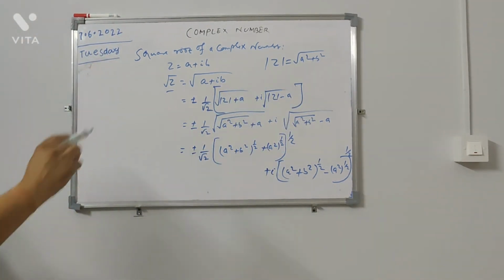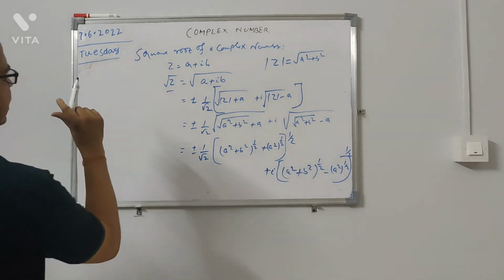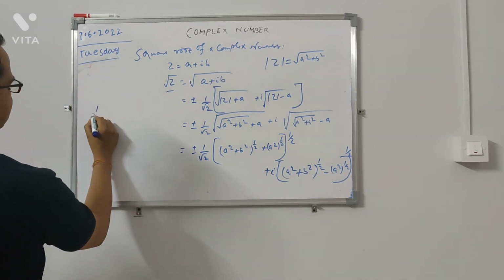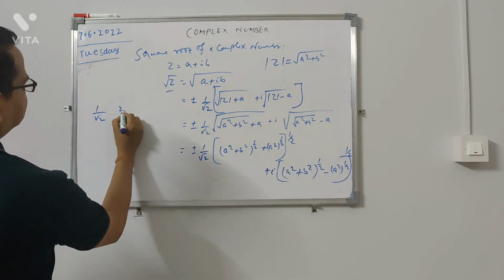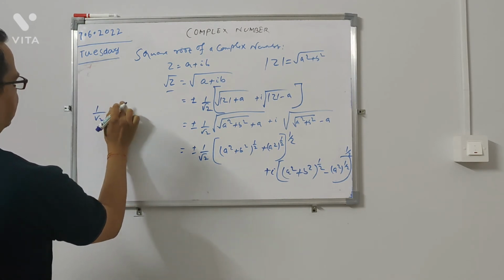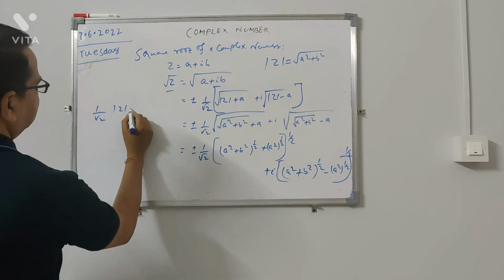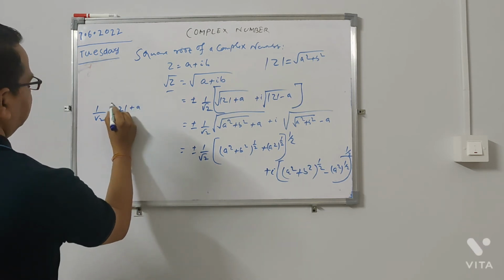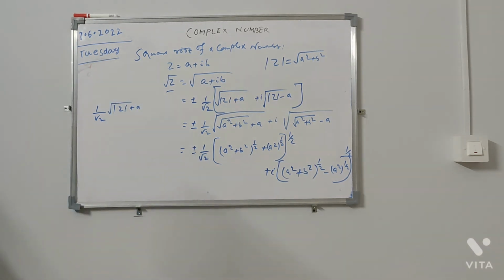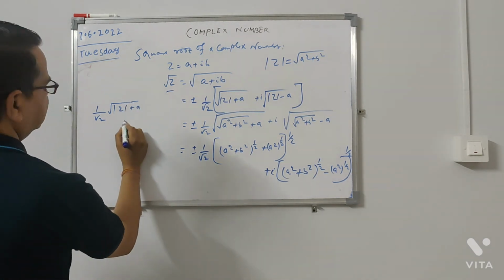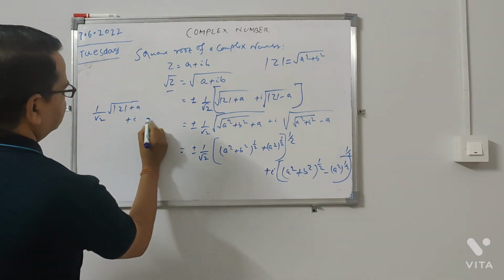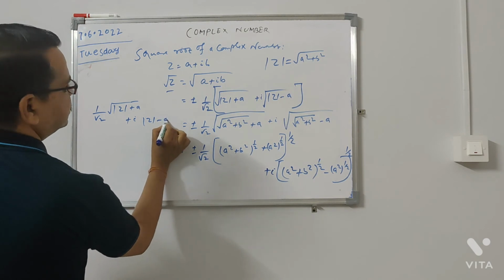How did they get it? That is our intention. So we have to do 1 by root 2 times square root of z plus a, then this whole thing, plus i into square root of z minus a.